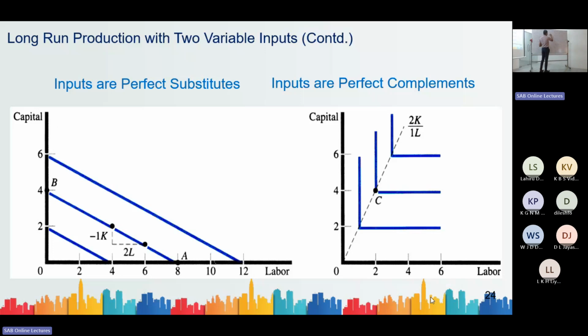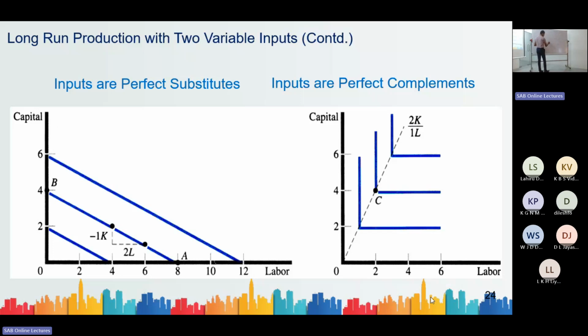For a straight line, the slope is always constant. So what is the slope for this isoquant? Slope is the vertical difference divided by the horizontal difference. Vertical difference is 1. Horizontal difference is 1.